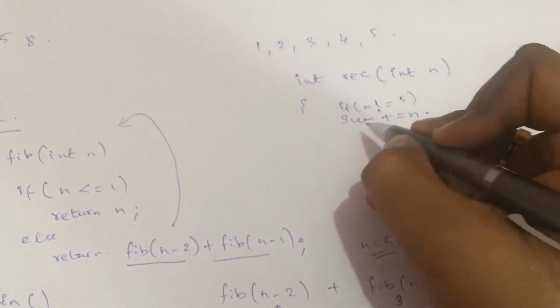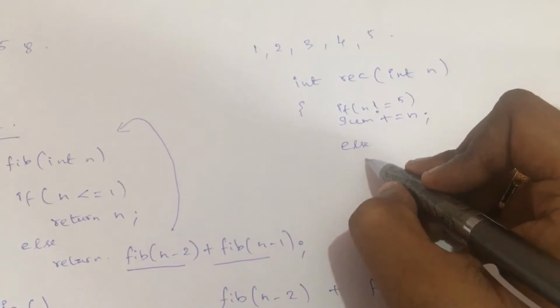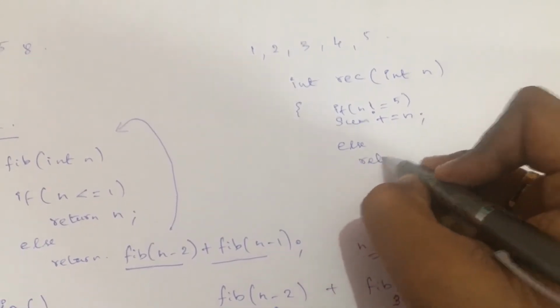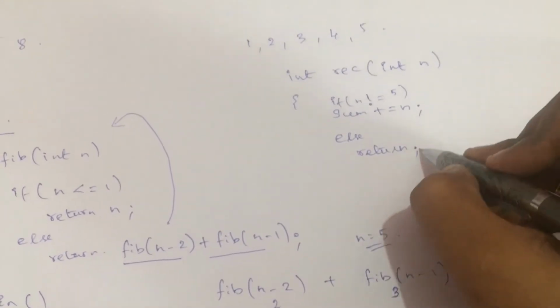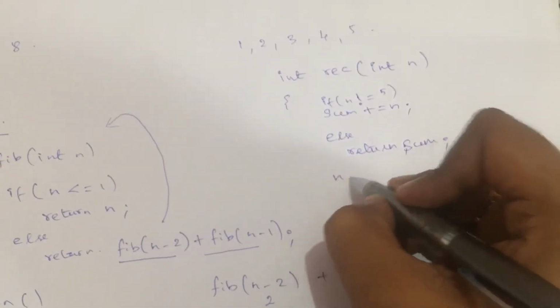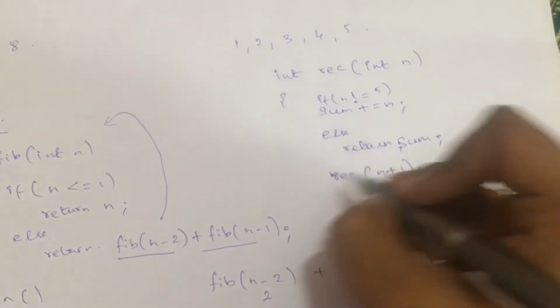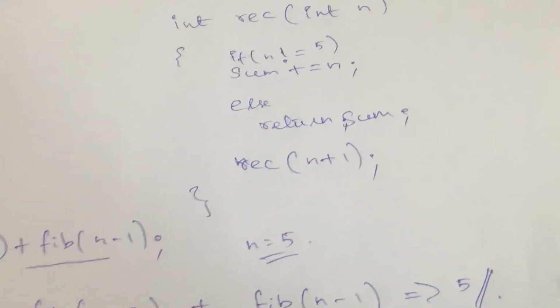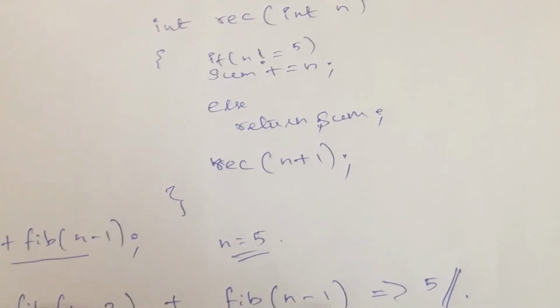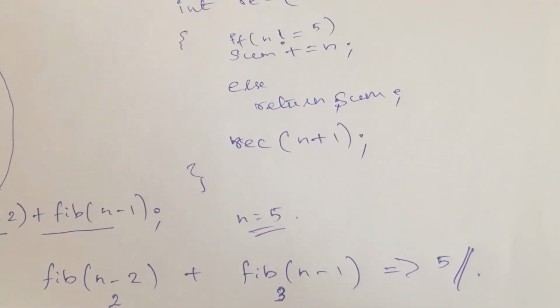So if n not equal to 5, I'll be doing sum plus equal to n, else I'll be just doing something like return sum, and here just give something like recursion of n plus 1, right? So assume by default you are starting with the n value as 1, from which you are going to call the same recursion method again and again, and at last we are going to return the sum value, right? So here it acts like a recursive process.